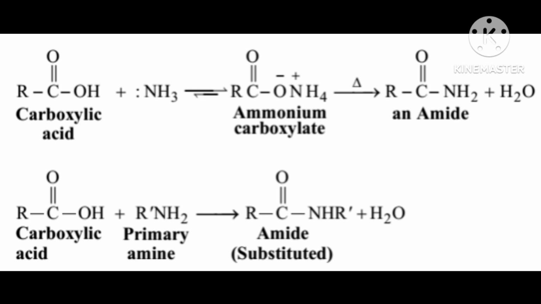In the same way, if you take benzoic acid, with phenyl, the COOH carboxylic group is there. The same type of reaction takes place with ammonia gas, and here again you get ammonium benzoate, which is unstable, and in the same way H2O will go outside and CONH2 will remain.